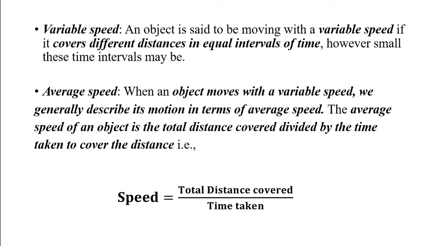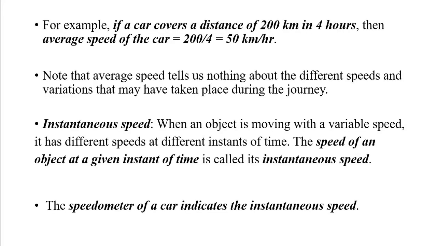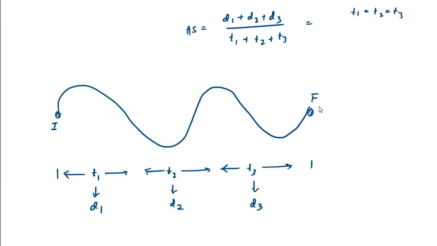And there is another concept, which is the instantaneous speed. Whatever value of speed we get, uniform, non-uniform, average, it is final when the vehicle reaches the final point. The average speed throughout the journey is this. But let's say we want to find out the speed at a specific time instant, at this point where the vehicle was here, at some instant t dash.